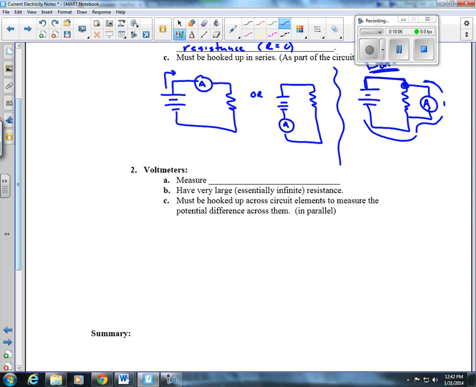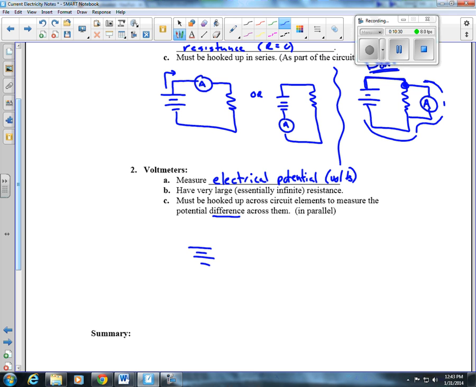Voltmeters measure electrical potential. Remember, that's just a fancy word for voltage. They have very large, essentially infinite resistance, and they have to be hooked up across or around the thing that we're measuring the potential difference, because we want the difference from one point to another.